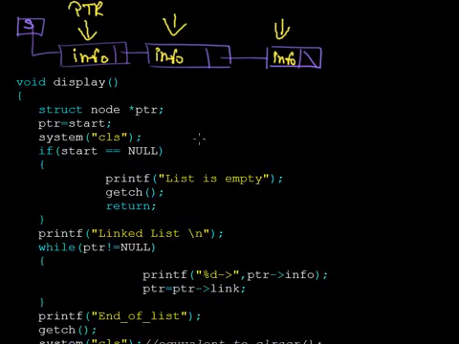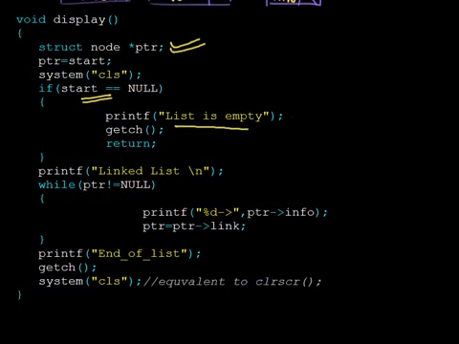So this is the display function where we are declaring a pointer ptr and then copying the content of start into this pointer. If start is null, means the list is empty, we can't display any content, so we will simply display this message and return.